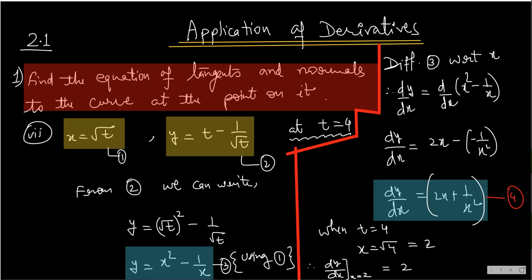You will substitute, so 2 multiplied by 2 plus 1 by 2 square. So that is 4 plus 1 upon 4 you get. I got, therefore, dy by dx at x equals 2 is 4 plus 1 upon 4.